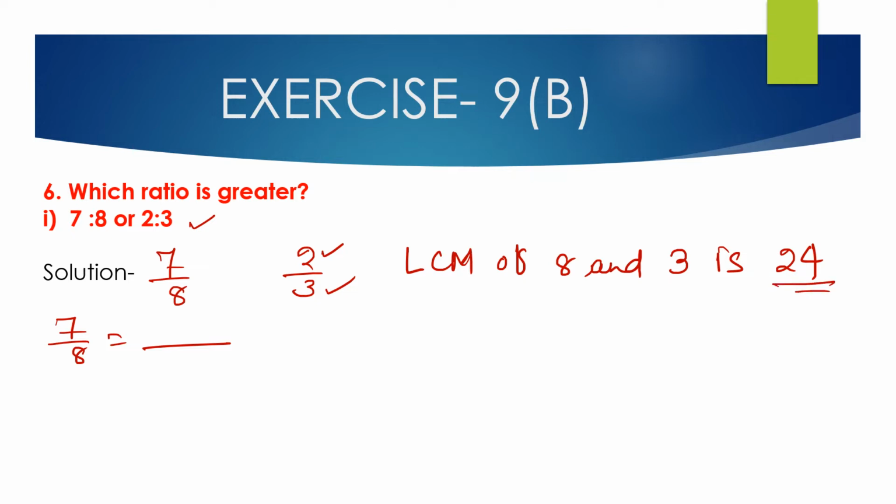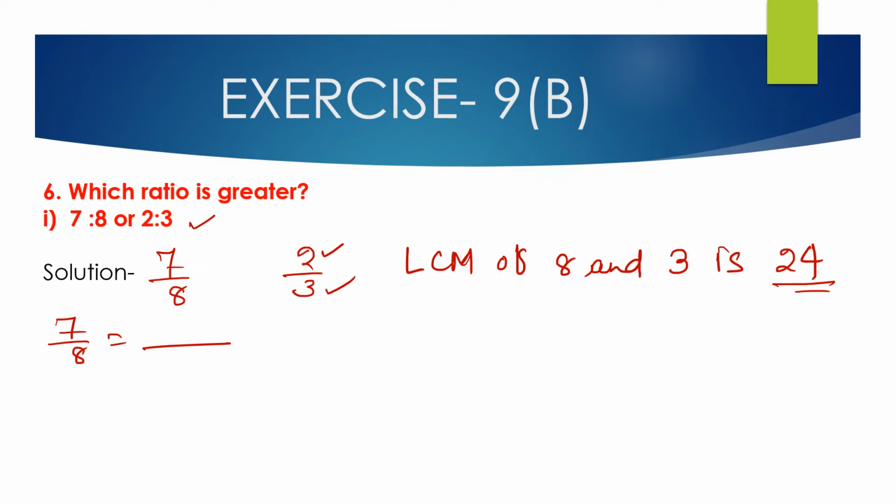When we convert a ratio to an equivalent ratio, first find the LCM and equate the consequent of the ratio with the LCM. That is, whichever number we multiply with the consequent of that ratio to get the LCM.